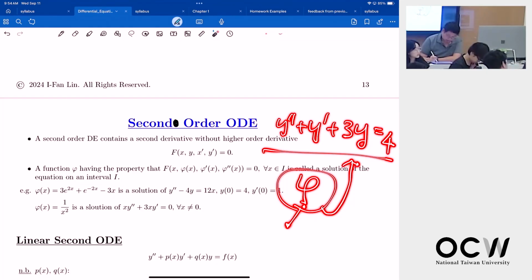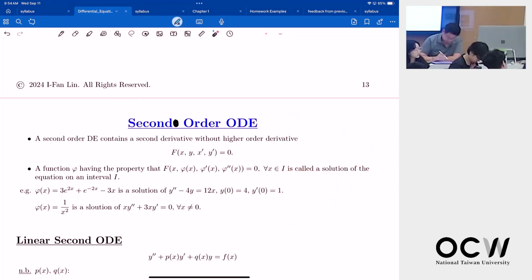Okay, for example, here is the phi, and here is the second order differential equation. When it brings back, they still satisfy this equation, also with these initial conditions, then the phi is the solution. Also, another example, the phi is 1 over x squared.